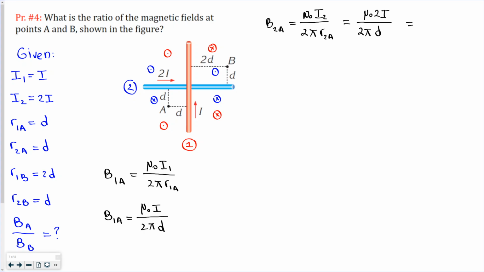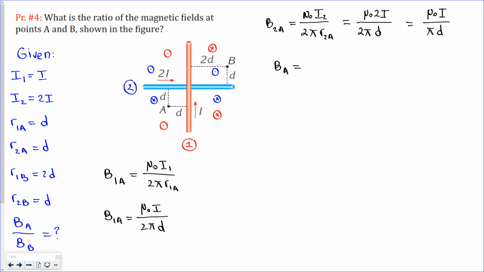It will be 2 mu 0 I over, it will be mu 0 I over pi D. We can cancel 2. Now, what will be the net field at this point? It will be either B2A minus B1A or B1A minus B2A. So we need to compare their values.